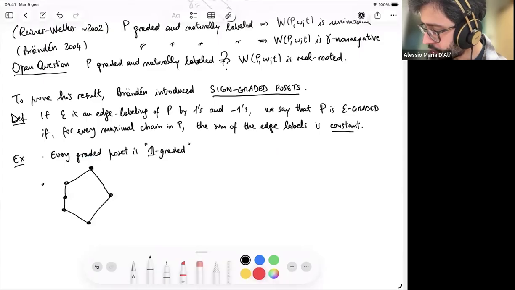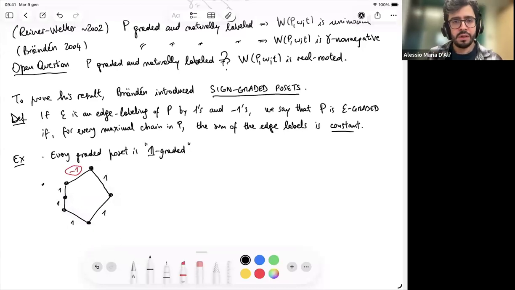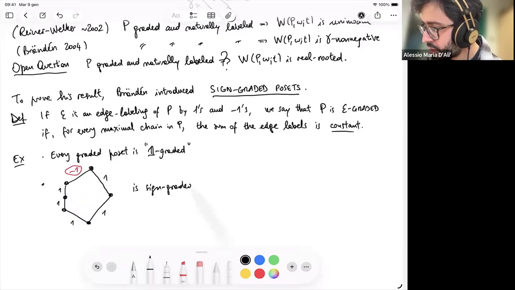And then you put a -1, for instance, here. So yeah, there are two possible maximal chains. One of them has weight 2 because there are two edges in there, but also on the left-hand side, you get 1 + 1 + 1 -1. So that's again a 2. So this thing would be sign graded, but not graded in the usual sense.